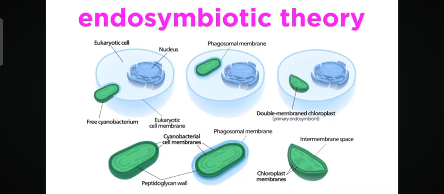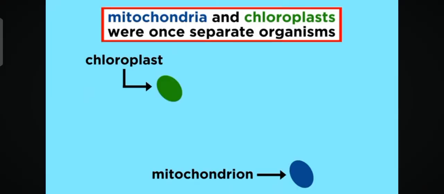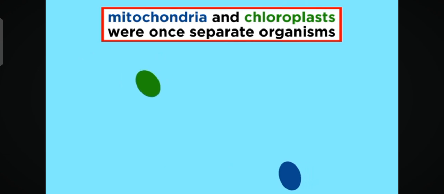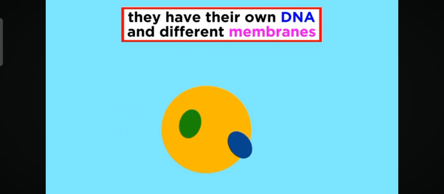In addition, after learning a bit about organelle structure and function, endosymbiotic theory should become quite compelling. It is now clear that membrane-enclosed organelles like the nucleus, endoplasmic reticulum, and Golgi apparatus probably originated from deep folds in the plasma membrane, whereas mitochondria, as well as chloroplasts, which we will get to next, must have begun as completely separate organisms, since they have their own DNA and membranes that are different from the cell membrane.